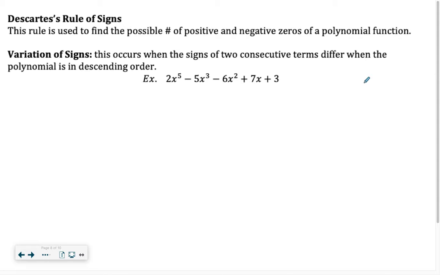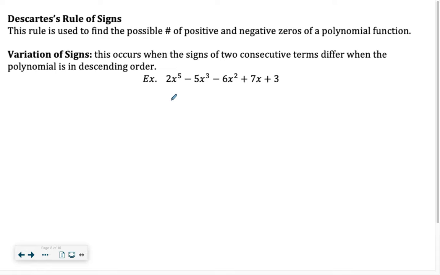Descartes' rule of signs just says, well, first, let's talk about what a variation in signs is. A variation in signs occurs when the signs of two consecutive terms differ when the polynomial is in descending order of power. So we have to make sure that it's in standard form first. Then I would look at the change in sign.